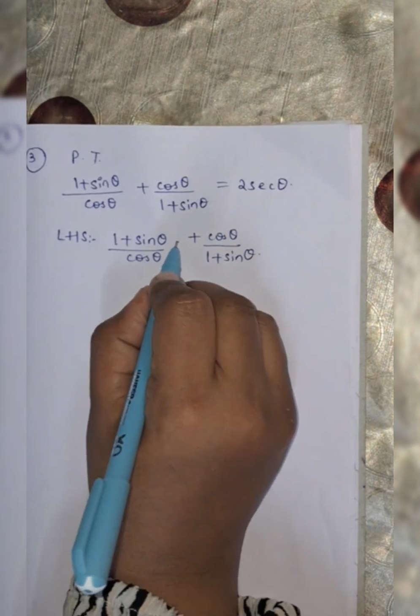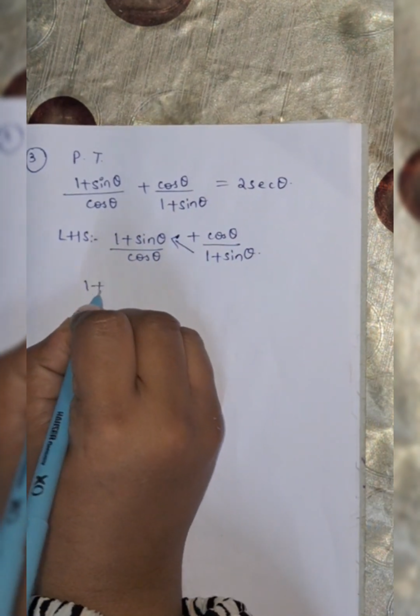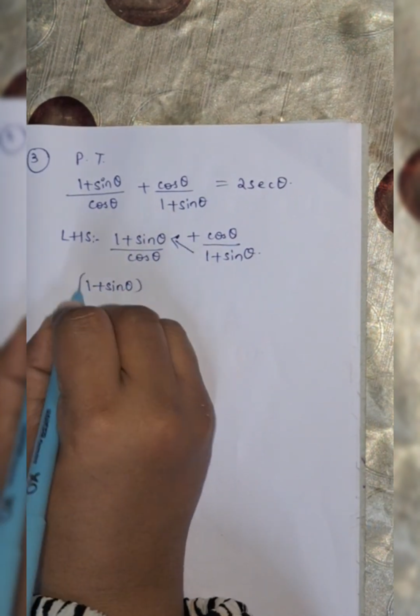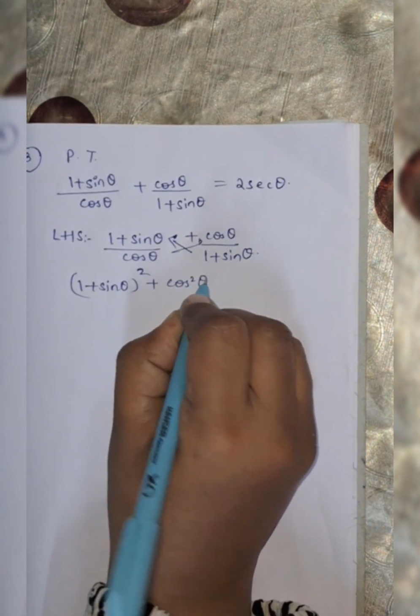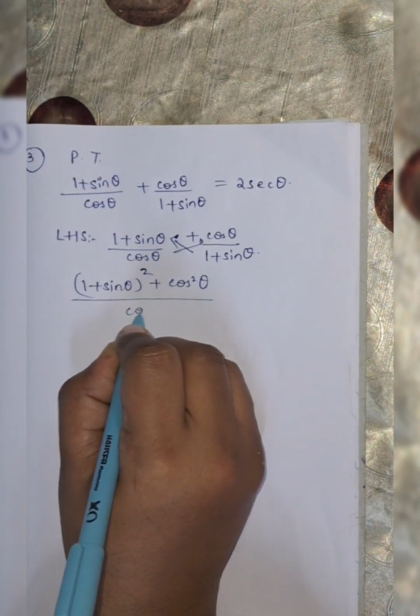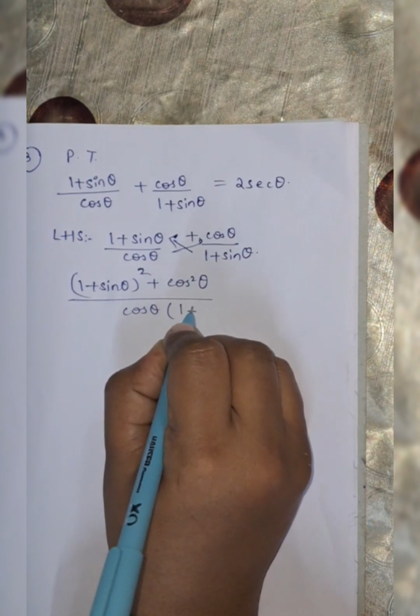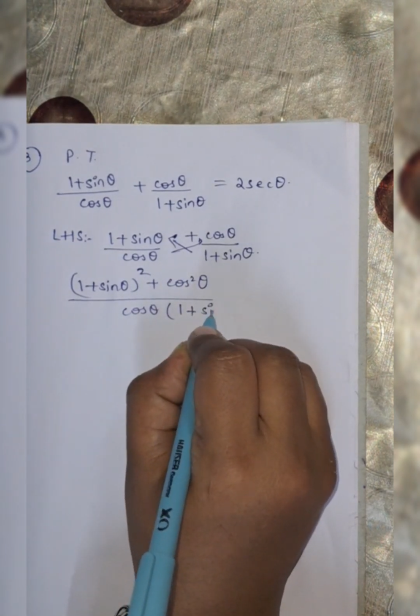So this will be (1 plus sine theta) whole square plus cos square theta, by cos theta into (1 plus sine theta).